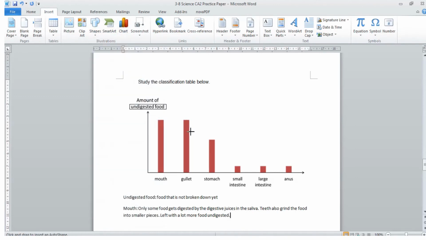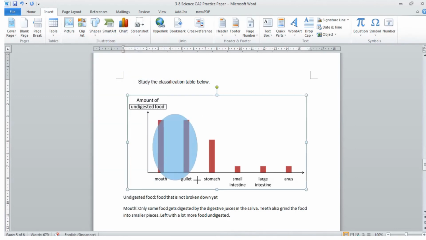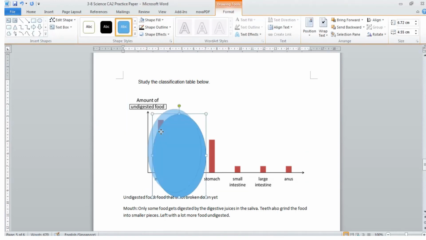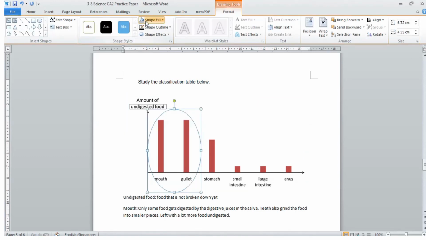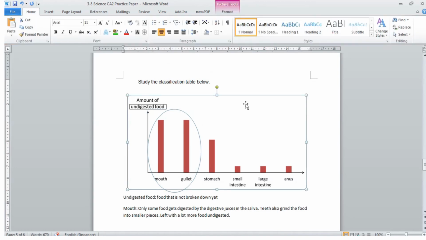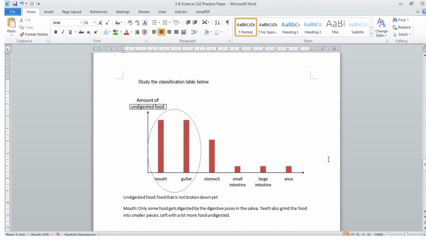Let me show you here with a circle. Make it clear to you. What about this, the one in blue, the circle in blue? Yes, you can see that the amount of undigested food in the mouth and in the gullet is the same. So, what does that mean?